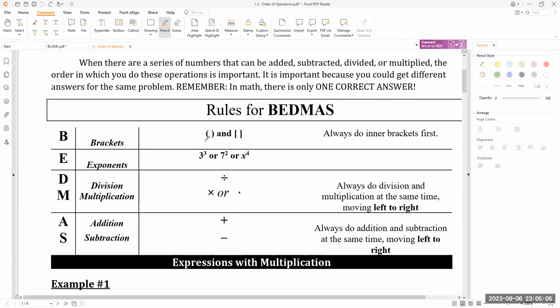There is also an exponent, which means multiple multiplications. In case you didn't know, exponents, we will have a full lesson on it later. But for now, know that if there is a tiny number on the upper right corner of a normal number, that represents an exponent.